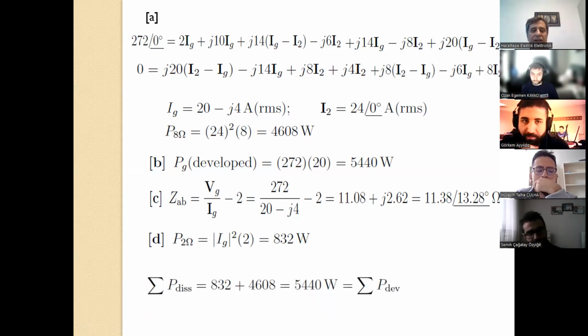So this is the total verification. Developed power should be equal to, what is the developed power here? Part B shows that. This is the average power developed by the source, and this is the average power dissipated in the circuit. So they are going to verify each other in that sense.